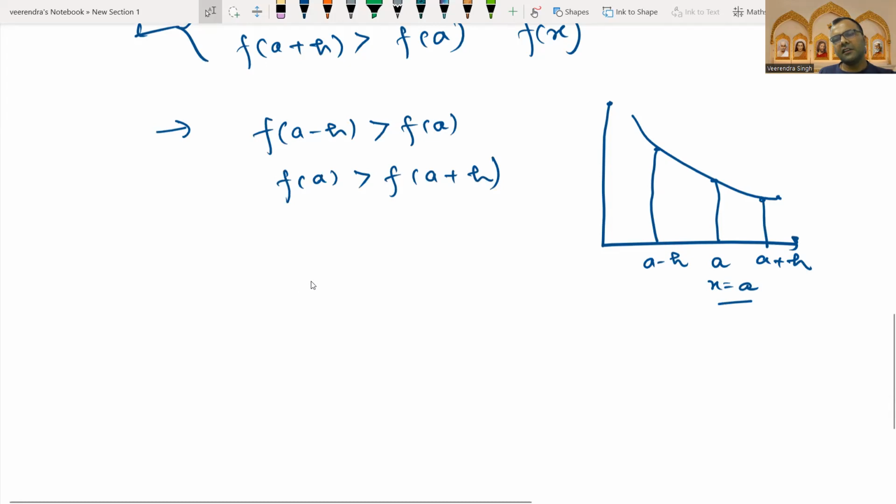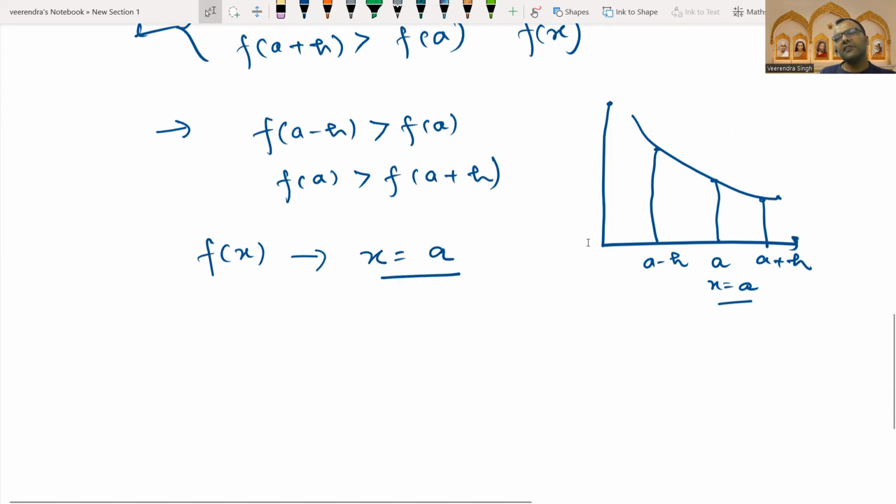So from here, we can conclude that it is monotonically decreasing if these two conditions are satisfied. So if these two conditions are satisfied, we can say that the function f of x is monotonically decreasing at the point x equals A.